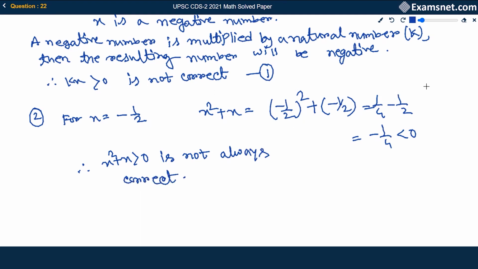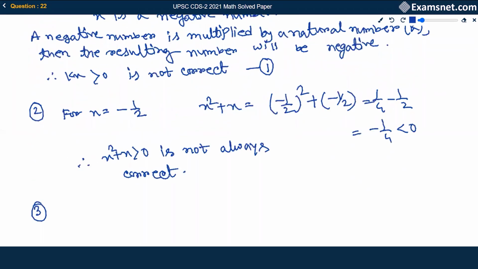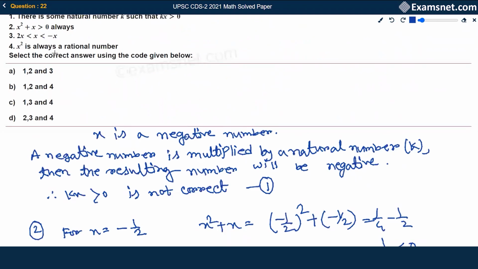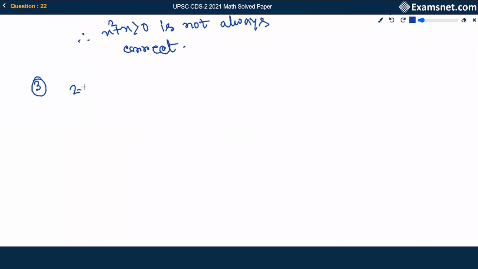Next, let's check with the third statement. The third statement states that 2x less than x less than minus x, correct? So we can also check it with an example. Now this can be split into 2x less than x and x less than minus x, right? So look here, 2x, twice a negative number, is obviously less than the same negative number. Okay, it is correct.